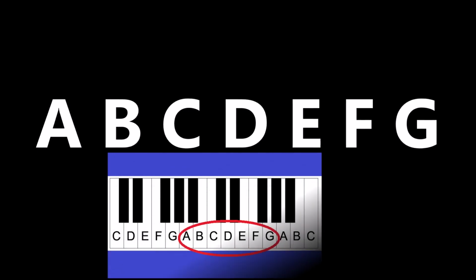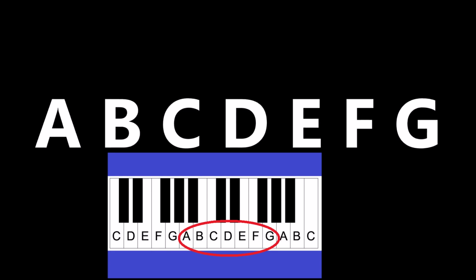If we are placing the notes on the musical staff, reach G and still continue moving upwards, we will start with A again, then continue progressively.